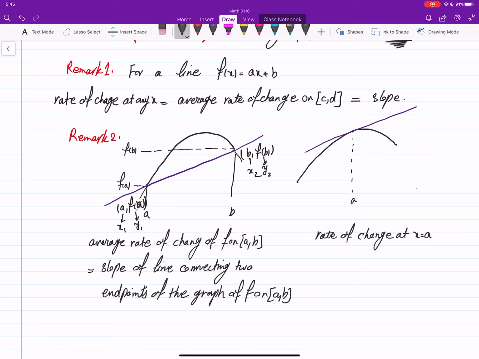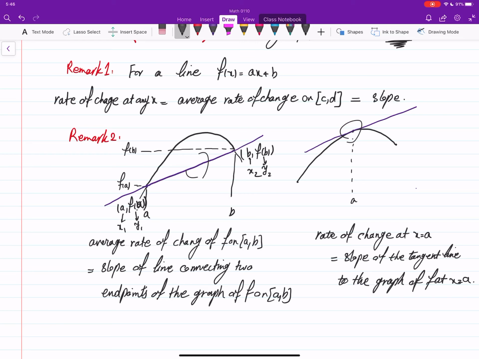So this is equal to the slope of the tangent line to the graph of f at that point. So you see there are differences. This can be way different than the slope of this line, and that's what we have here.